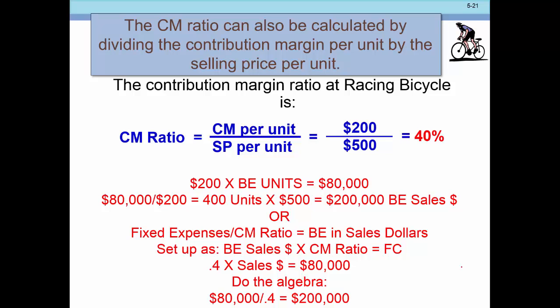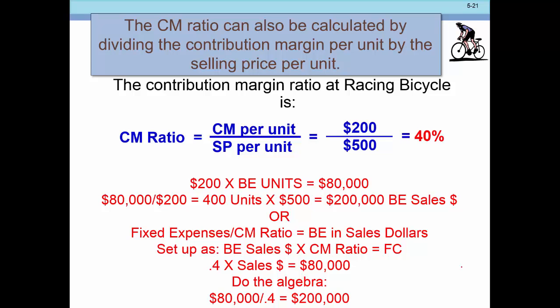Or we could have just used the contribution margin ratio, which is fixed expenses divided by the contribution margin ratio, giving my break-even in sales dollars. But let's just set it up as break-even sales dollars times my contribution margin ratio. 40% of every dollar first goes to my fixed cost and then my target profit if I had it, right?